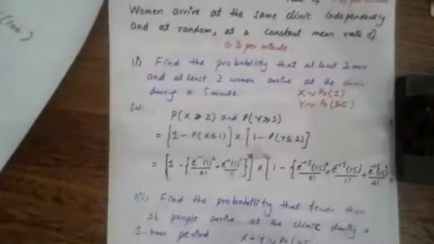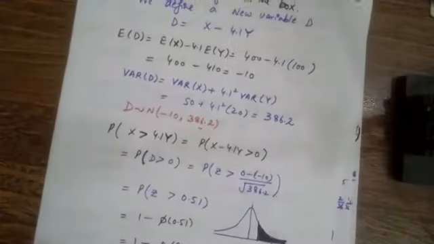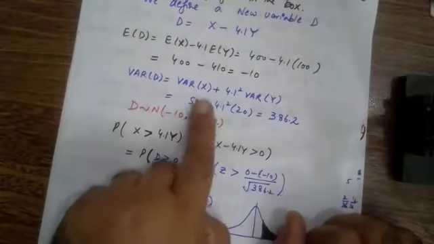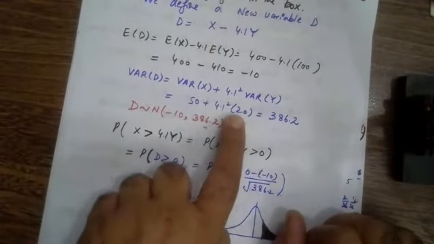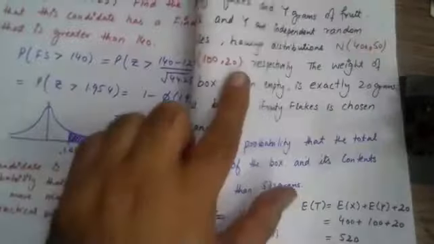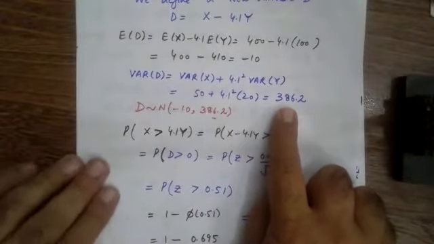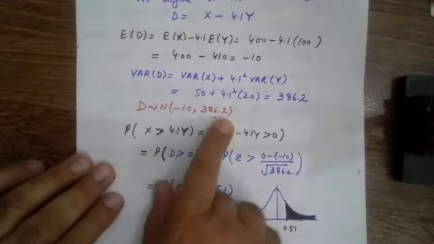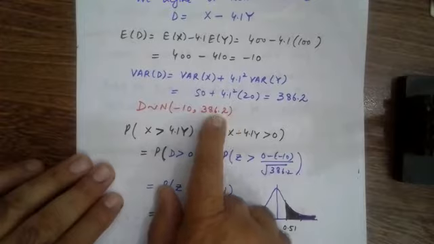Okay, now going back to the same thing, 4.1 square into 20 and 50. We calculate these values of 20 and 50 from here and from here, okay. Now this is the variance in this difference d. D is normally distributed with this average and with variance of 386.2.